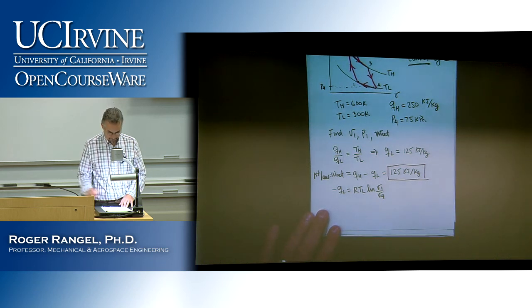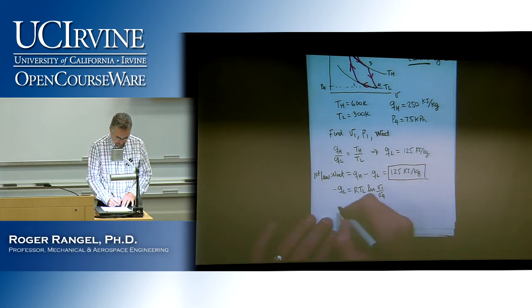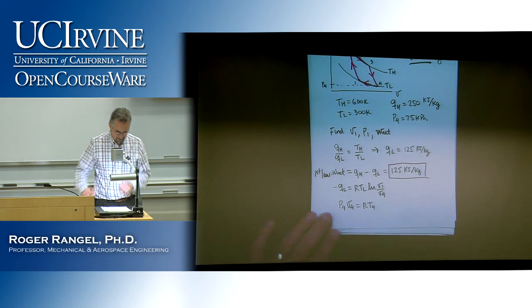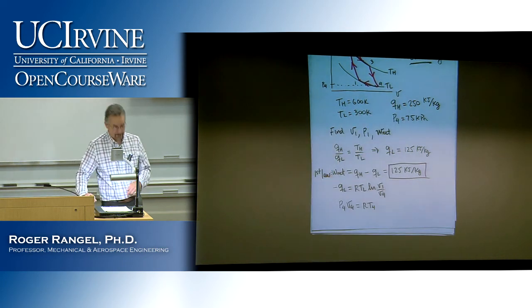We're using the ideal gas law. So I can get V4 because I know that P4 V4 is R T4, from the ideal gas law. And T4 is, of course, TL.